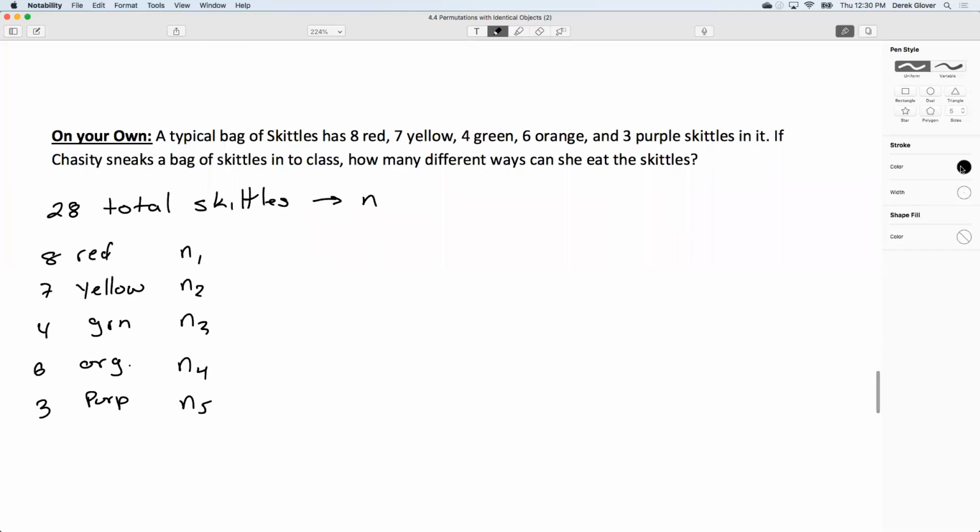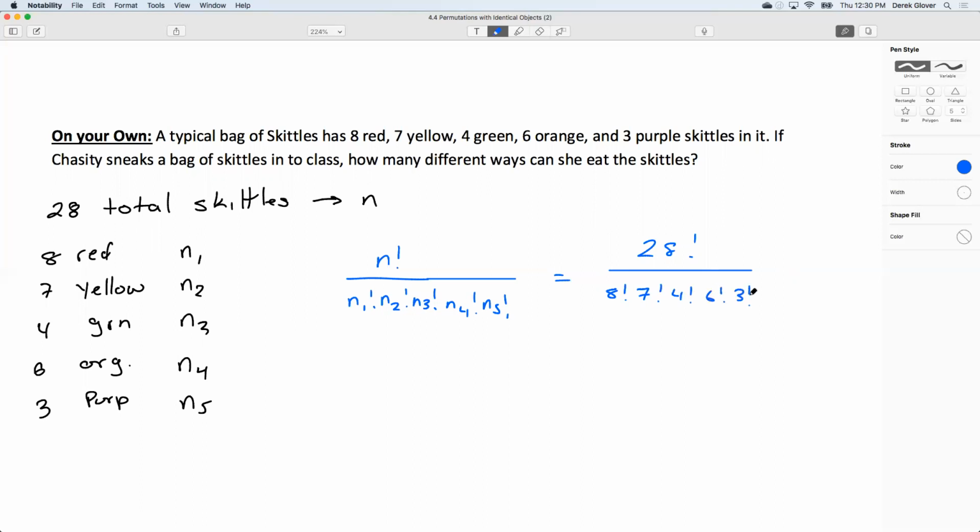The number of permutations is going to be n factorial over n1 factorial, n2 factorial, n3 factorial, n4 factorial, n5 factorial. It's going to be 28 factorial all over 8 factorial times 7 factorial times 4 factorial times 6 factorial times 3 factorial.